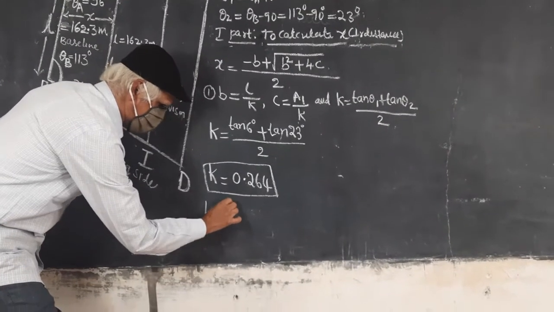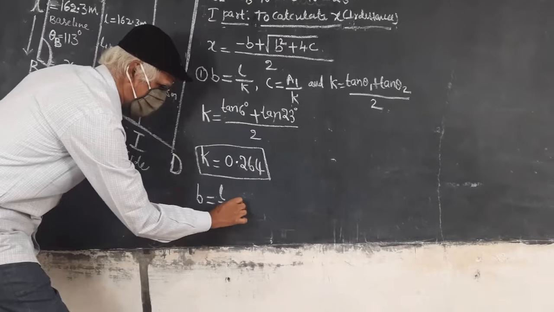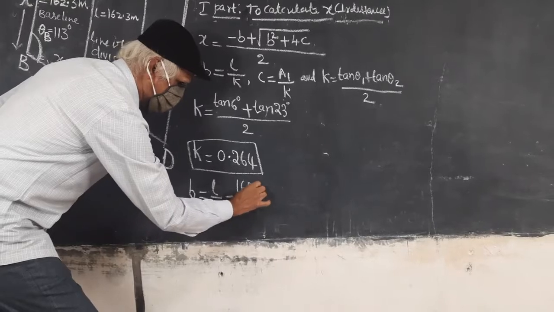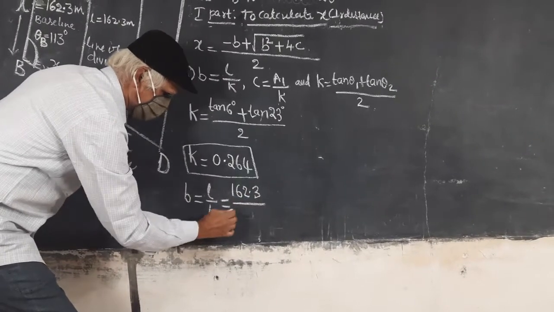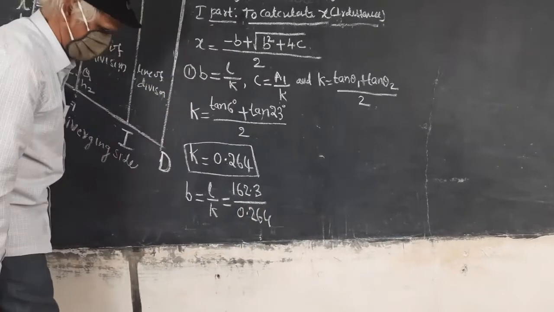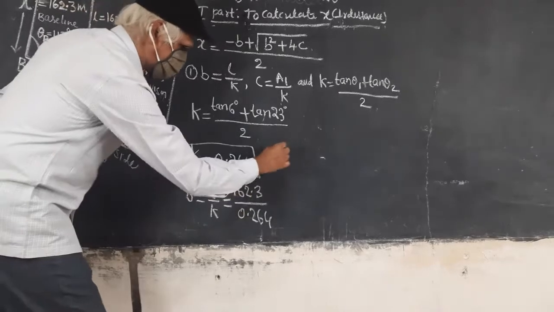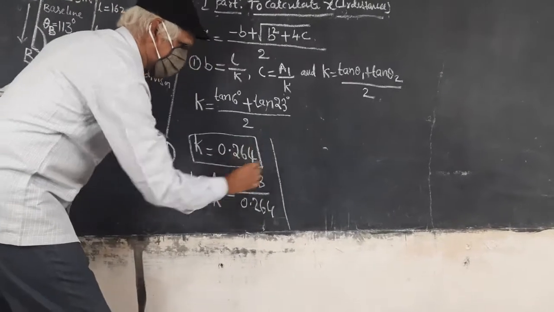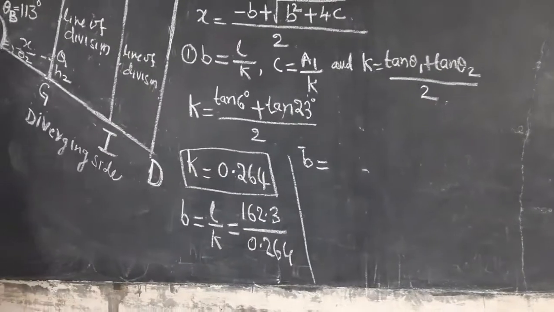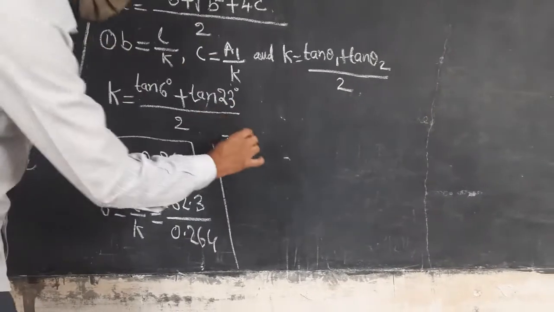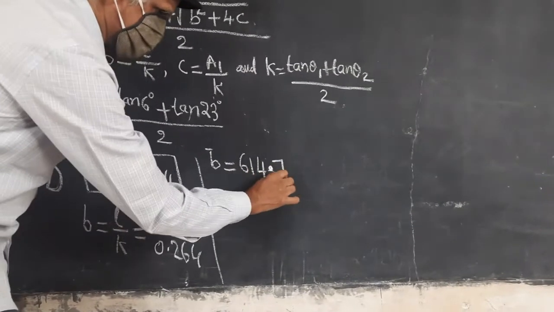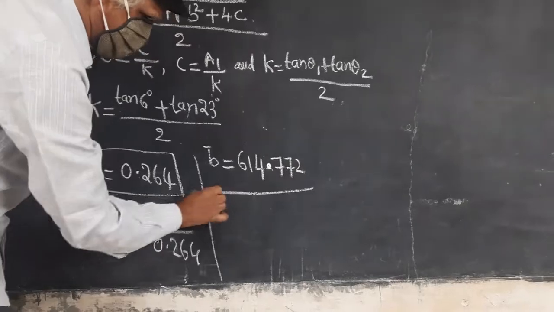So b is equal to L by k. L is the length of the baseline, that is here 162.3 divided by the k value, 0.264. So on dividing one by the other, we get the value of b up to the third decimal place, that is 614.772.